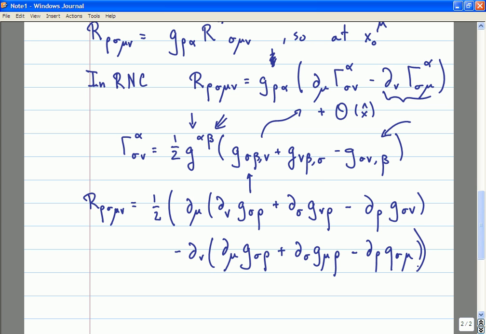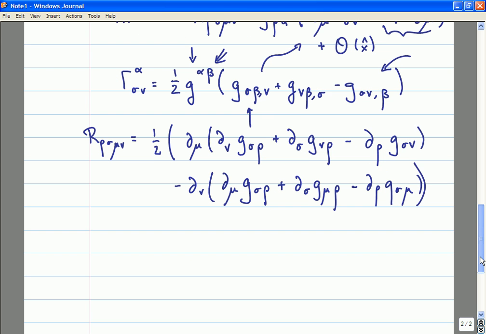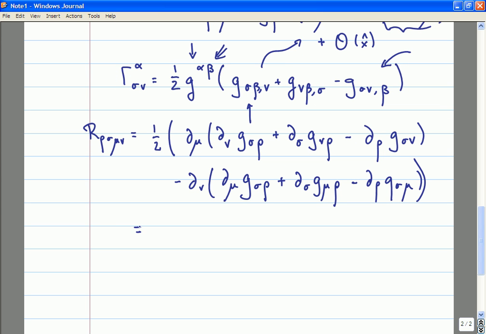Okay, now let's simplify this a little bit. If I've done everything correctly, there should be a cancellation here. We notice that this term will cancel this term, right? That's just the equality of mixed partial derivatives. What we're left with is a sum of 4 terms involving second derivatives of the metric.